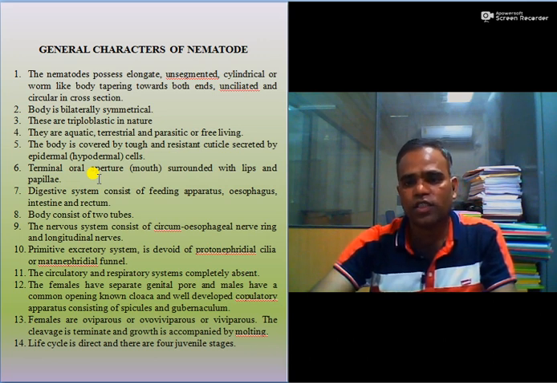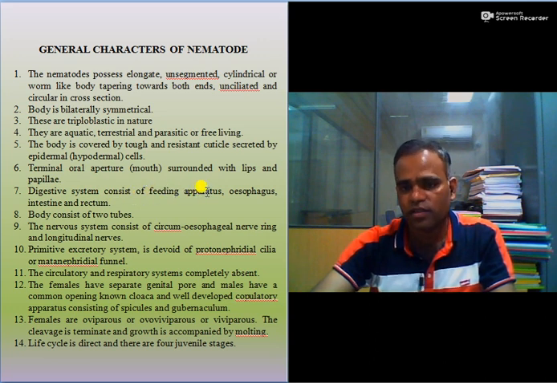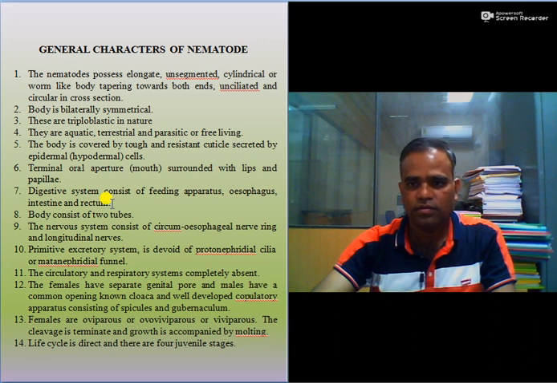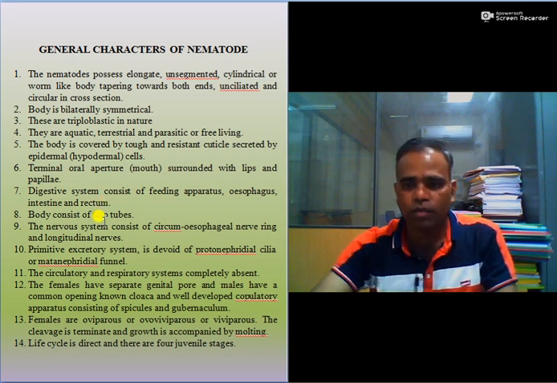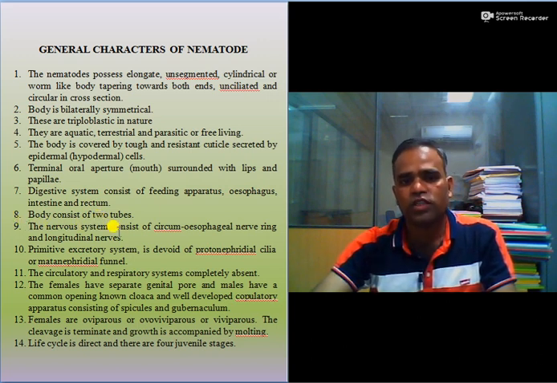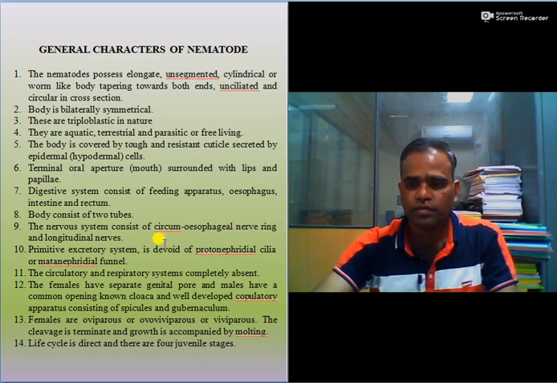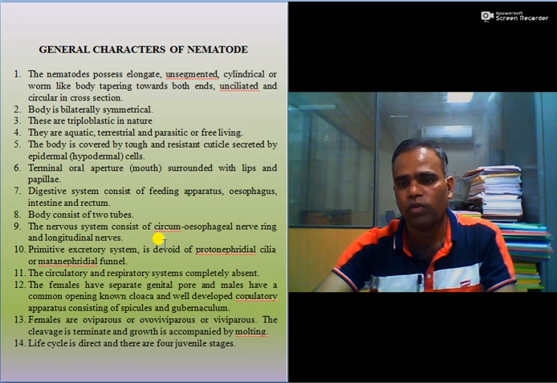Then the digestive system consists of feeding apparatus, that is stylet, esophagus, intestine, rectum and anus. So nematode body consists of two tubes, outer body tube and inner body tube. The nervous system consists of circumesophageal nerve ring or circumpharyngeal nerve ring and a number of longitudinal nerves which are present throughout the body part of the nematode.